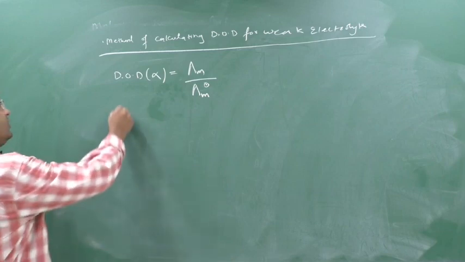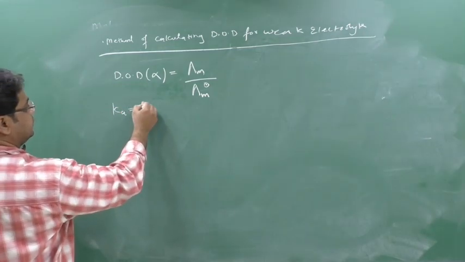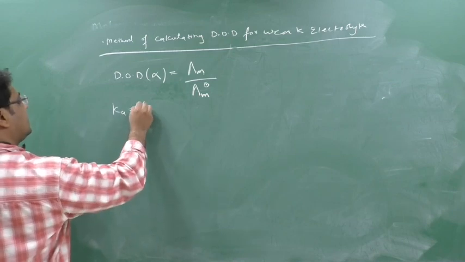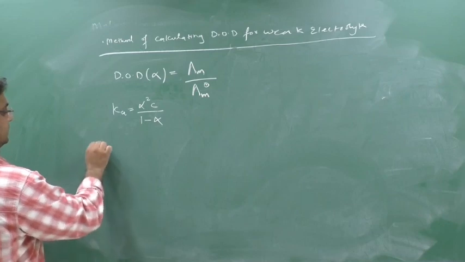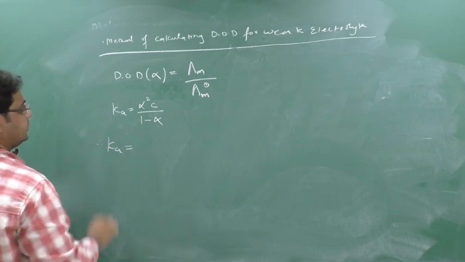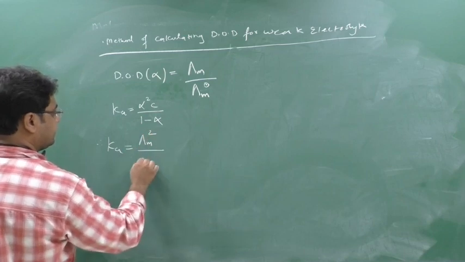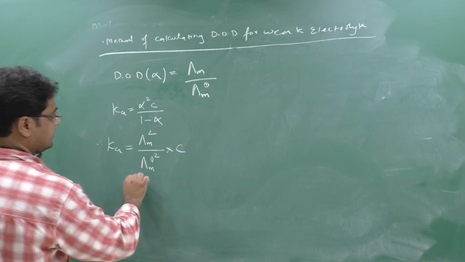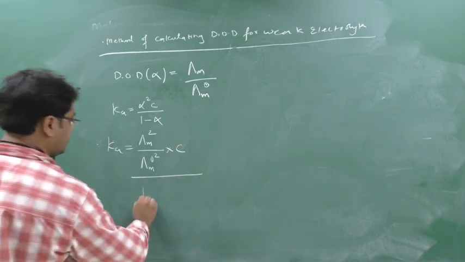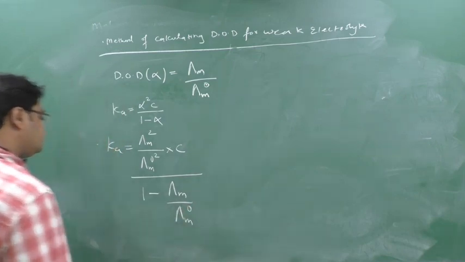Clear? Now from the equilibrium, you know that Ka equals alpha square C upon 1 minus alpha. Therefore, Ka equals alpha square, meaning lambda m square by lambda m naught square, into C divided by 1 minus lambda m by lambda m naught.